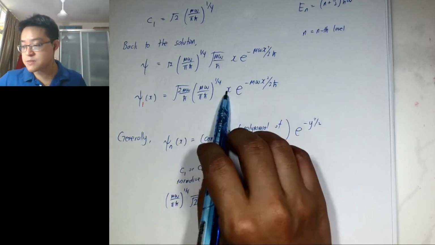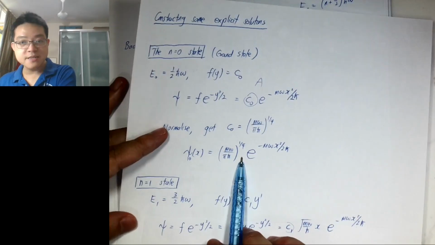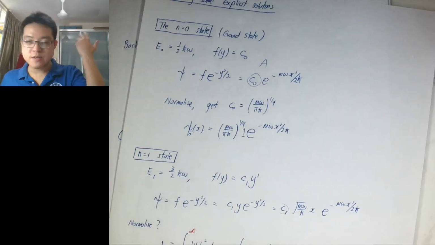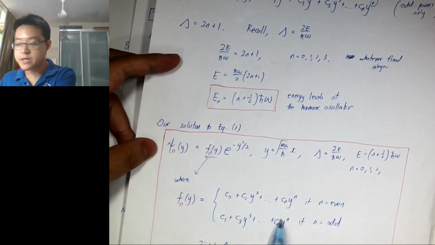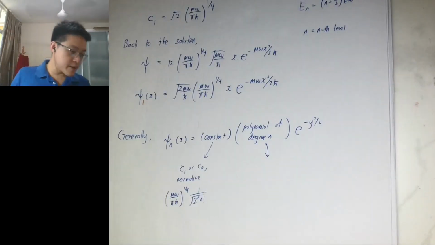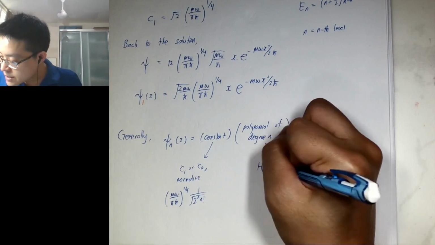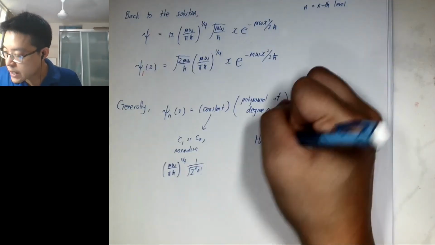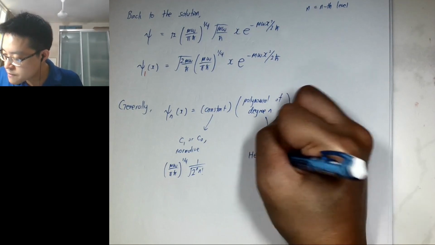For n equals 1 it is a polynomial of degree 1, but here it is just 1 times this, so it's just a constant. But in general, f is some polynomial of degree n, and this polynomial has a special name. We call it H_n of y. H is because it's pronounced the Hermite polynomial.